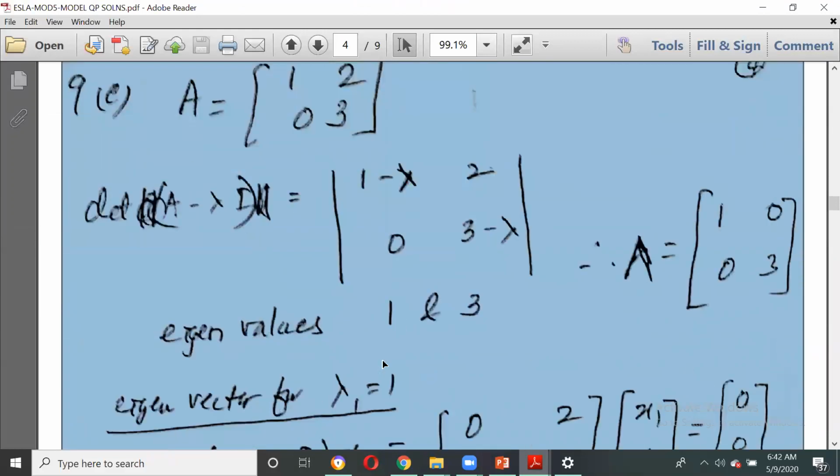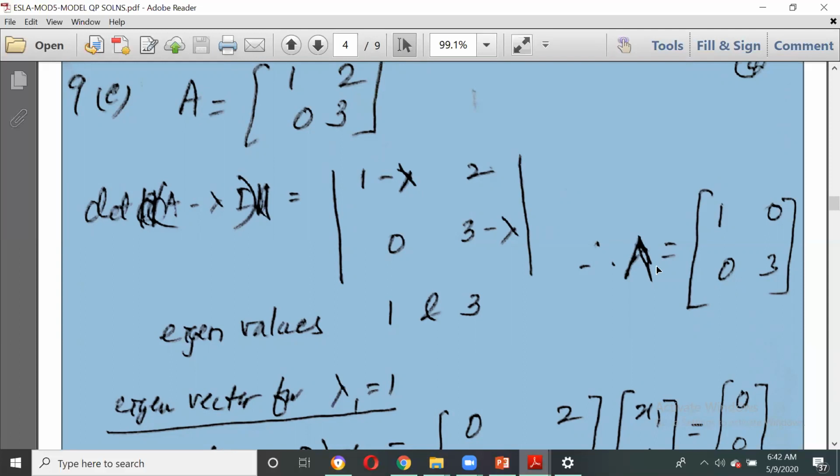So we have A there. So we need to find again the eigenvalues. So for that we write the determinant of A minus lambda I, that is 1 minus lambda, 2, 0, 3 minus lambda. So this will give us the eigenvalues as this multiplied by this minus this multiplied by this, which will give you only these two with their roots as 1 and 3.